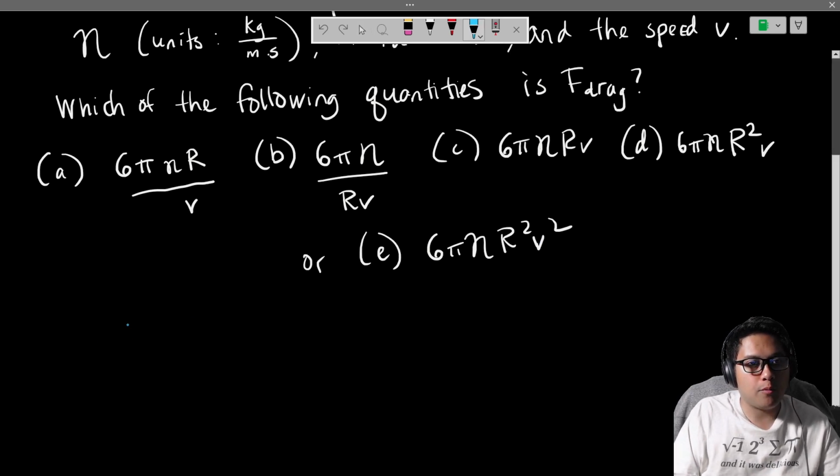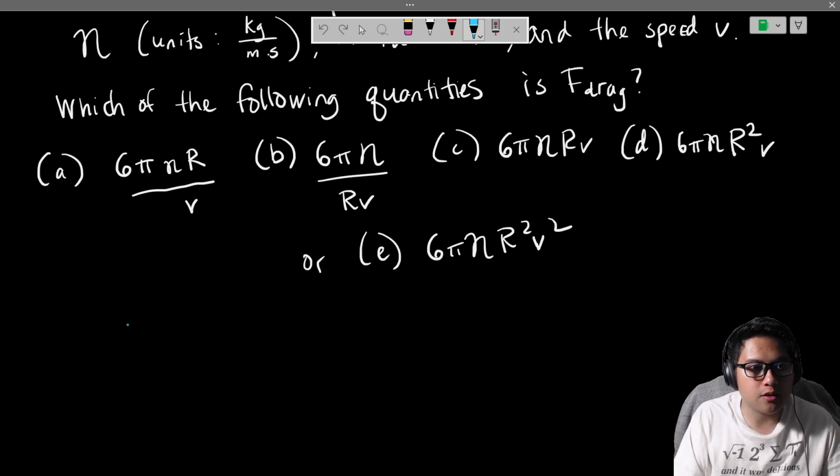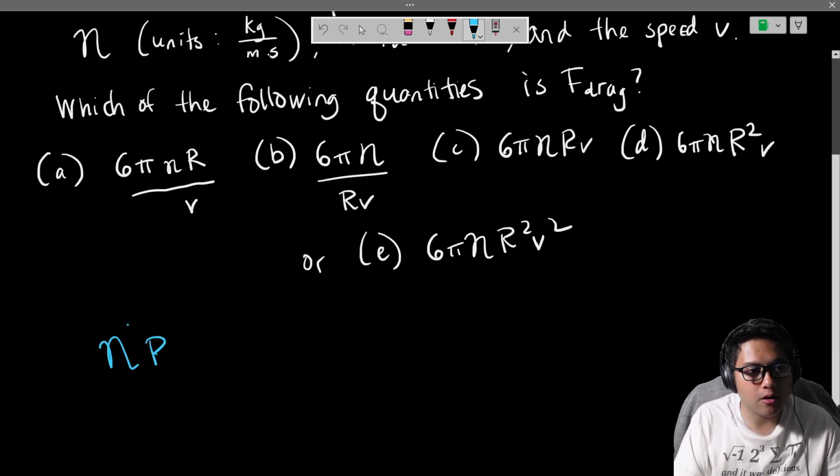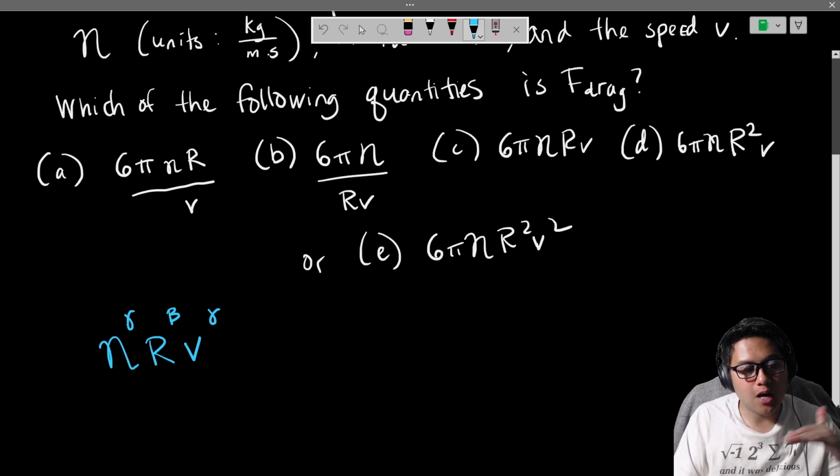And what we want to figure out is what combination of eta, r, and v, if we raise them to some powers, let's say alpha, beta, and gamma, is going to be effectively proportional to the drag force.